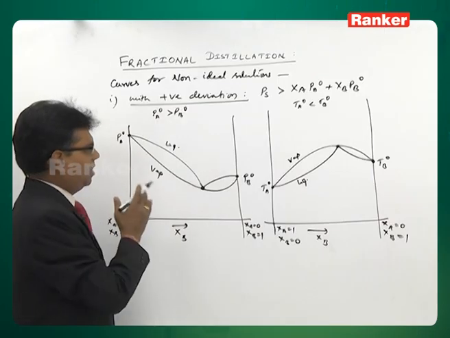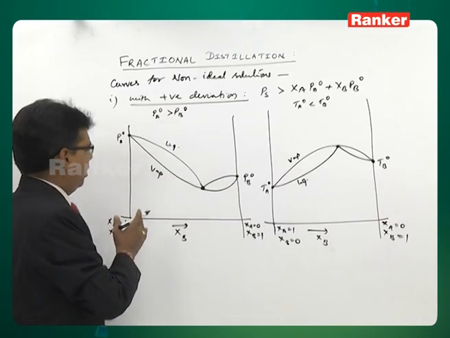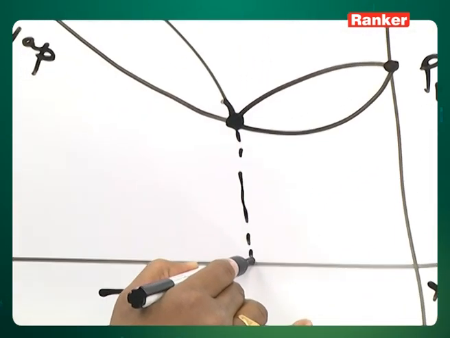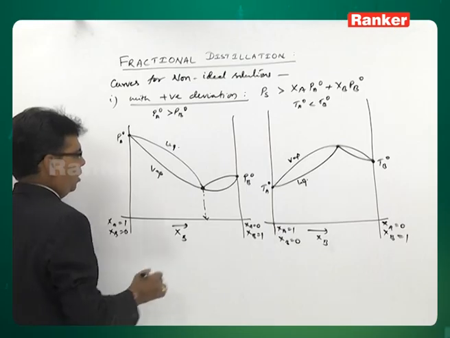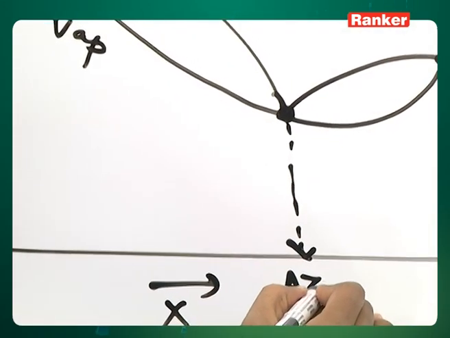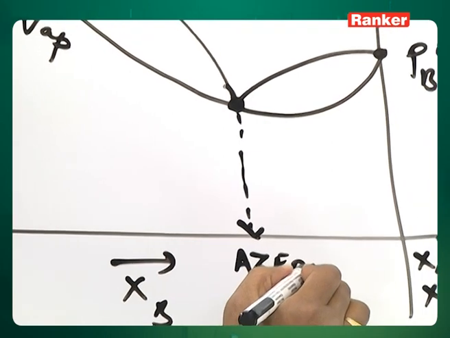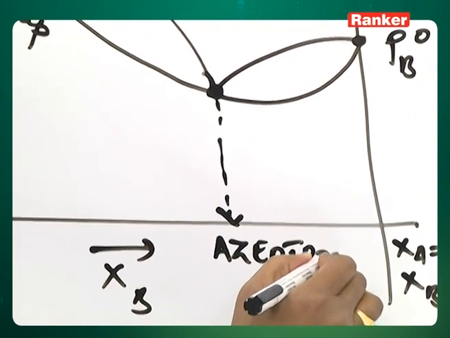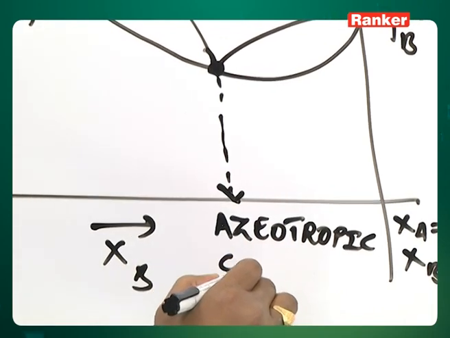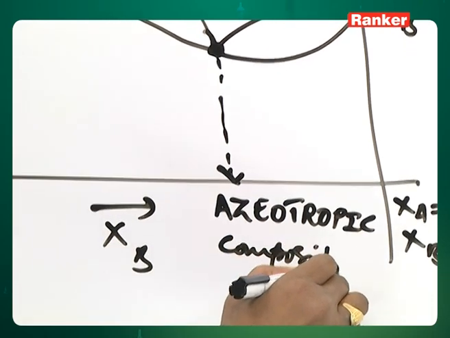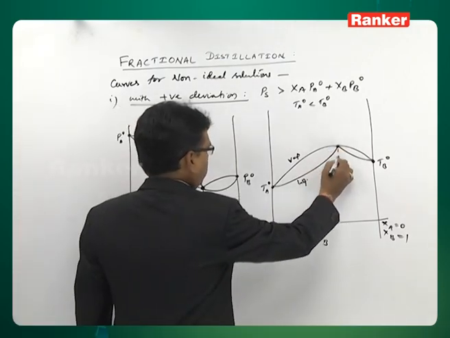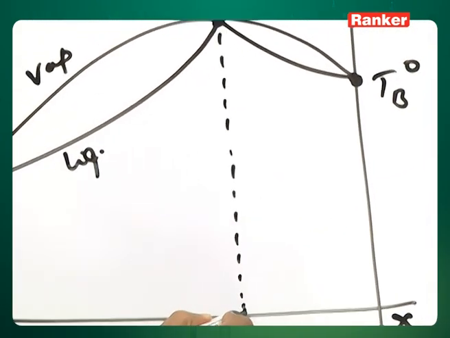The meaning of this is that if you take a certain composition of A and B, a particular composition, this composition is what we call the azeotropic composition. This is the azeotropic composition, and in the boiling point case this is also the azeotropic composition.